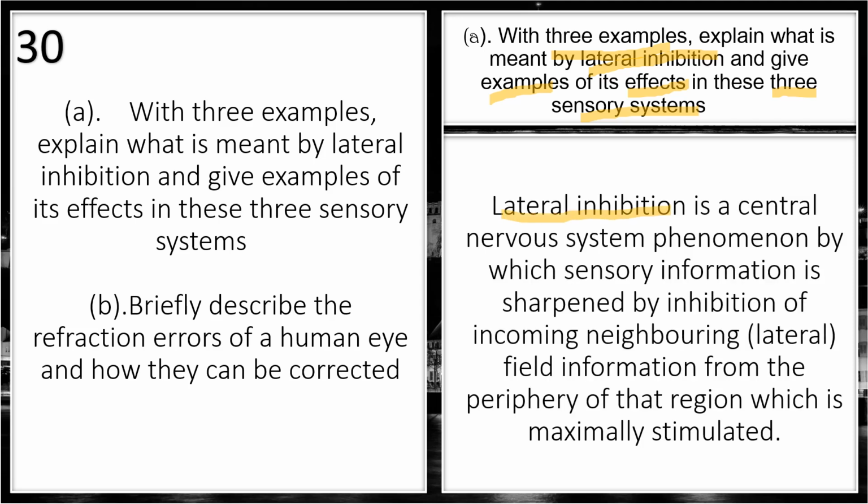Lateral inhibition is a central nervous system phenomenon by which the sensory information is sharpened by inhibition of the incoming neighboring or lateral field information from the periphery of that region which is maximally stimulated.